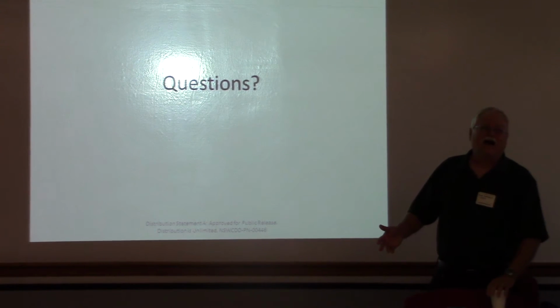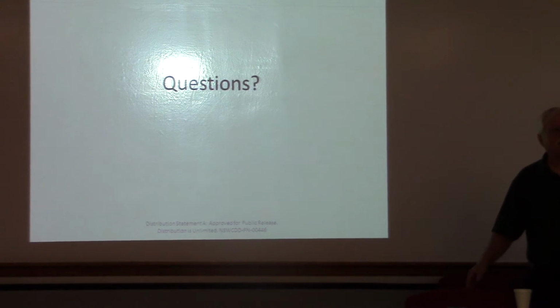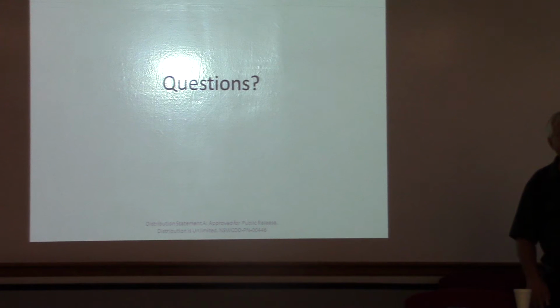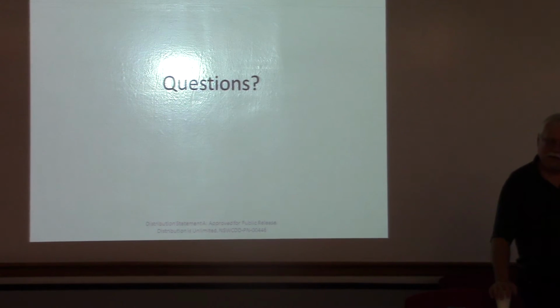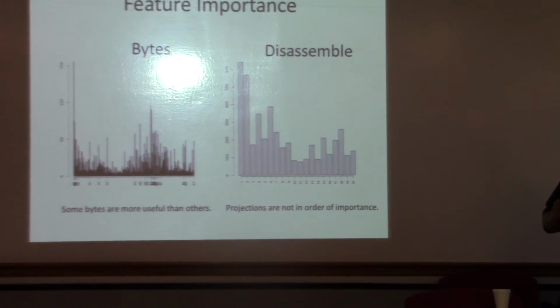I thought it would give me 50%, 60% accuracy, and it would be something to then show off some other approach. I didn't have time to come up with another approach, so fortunately it worked out pretty well. But it's because of that importance bar chart that I showed, that some bytes appear more often in one class than another, or in a subset of classes than another.